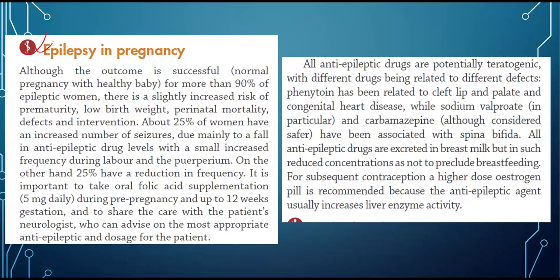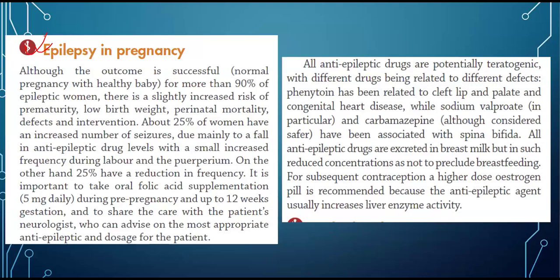Epilepsy in pregnancy. Epilepsy in pregnancy is important, and lots of complicated questions come in exam from here. So let's discuss a little bit. For a pregnant patient who is a known case of epilepsy, how are you going to proceed and what will you say to that patient?